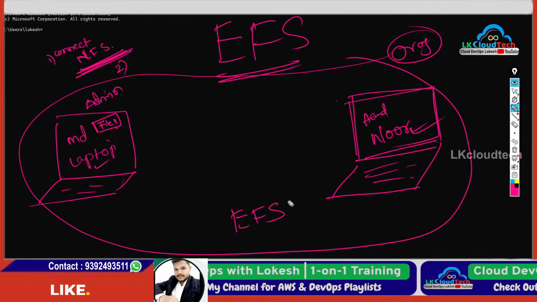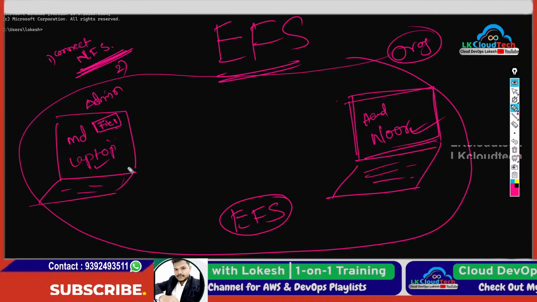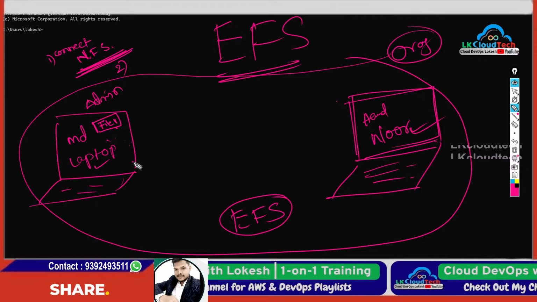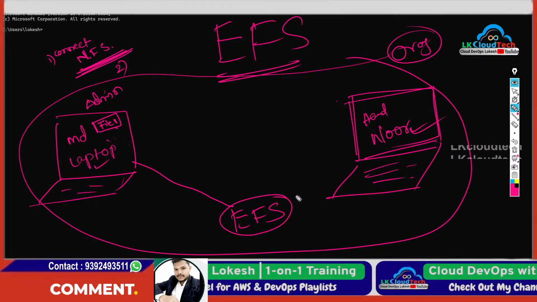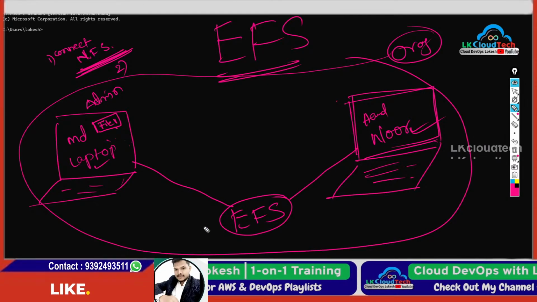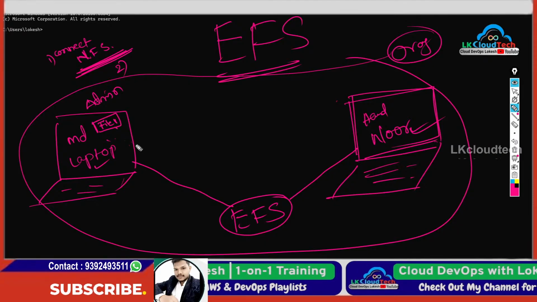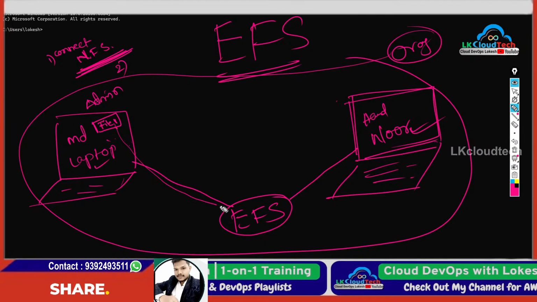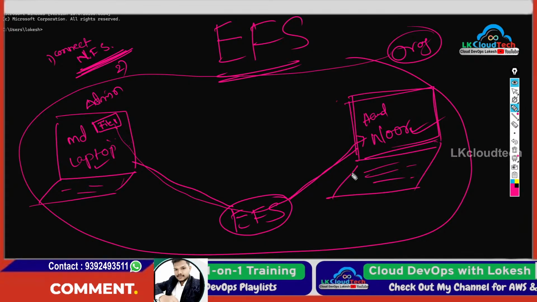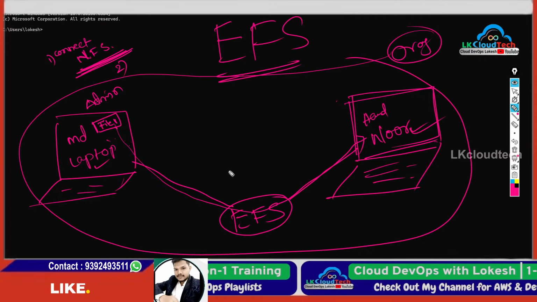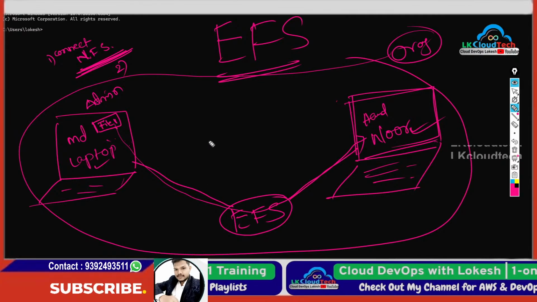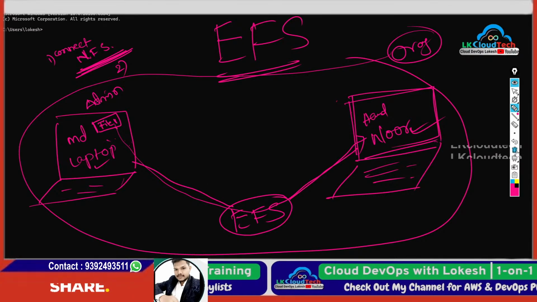This laptop is connected with the EFS, and this laptop is also connected with the EFS. So this file can be transferred through EFS to Noor's laptop. This is how EFS helps.